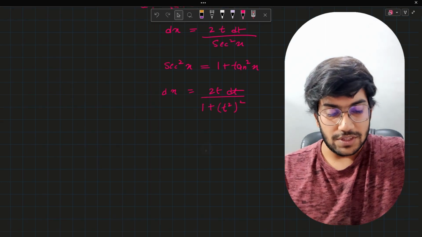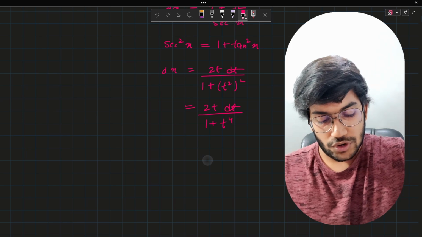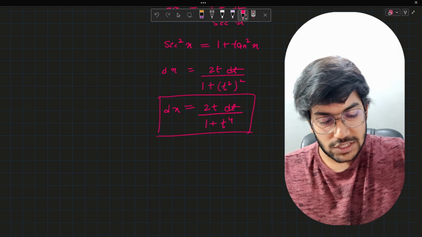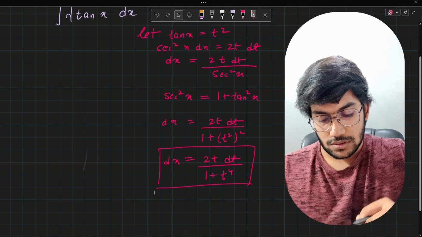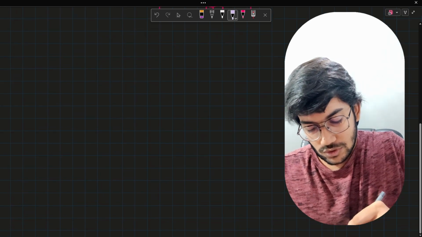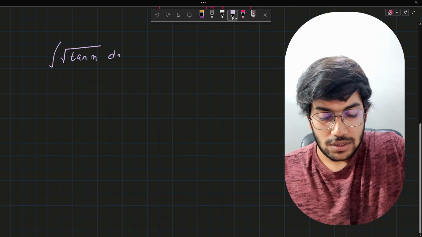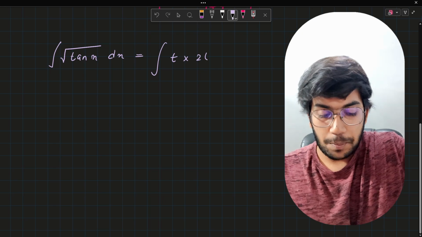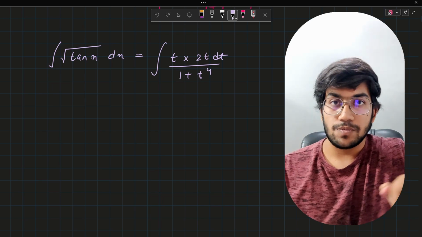Simplifying it a bit, we get 2t dt by 1 plus t to the power 4. This is our final expression for dx. So our integral of root tan x dx now becomes integral of t times 2t dt by 1 plus t to the power 4.